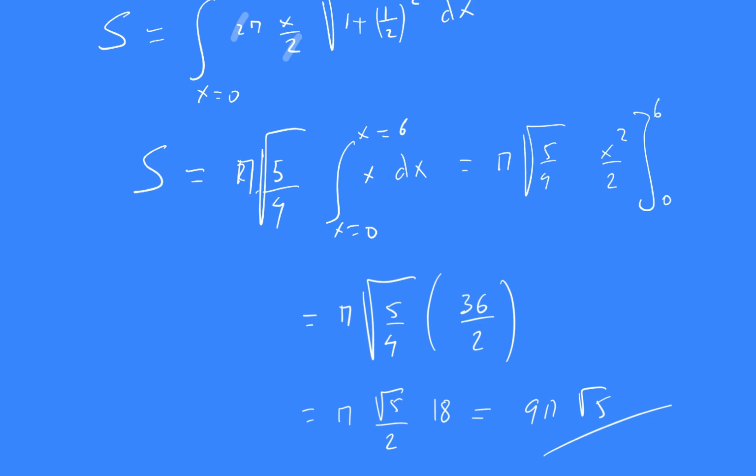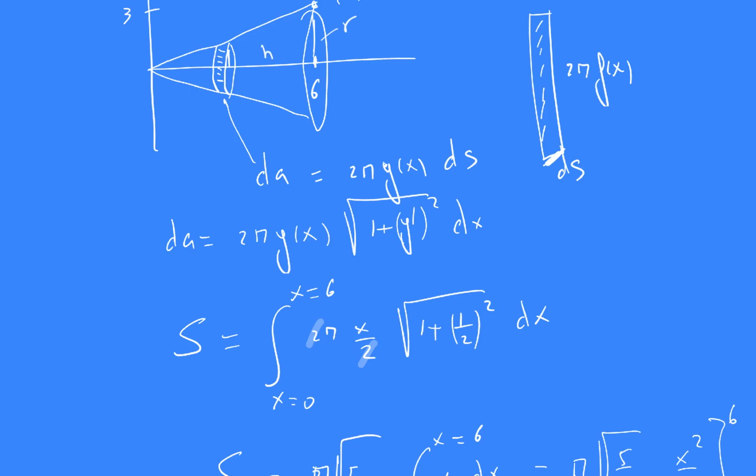Will you be able to do a general formula for the surface of a cone like this? What I mean is, given the height of the cone is 6 in this case, will you be able to do a general formula for a cone of radius r and height h?